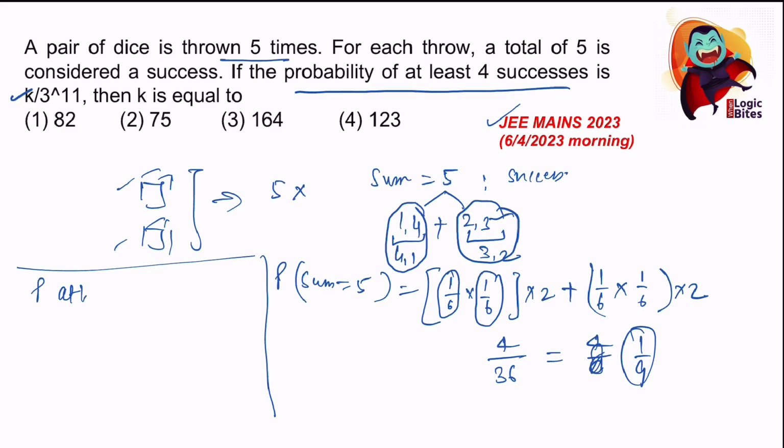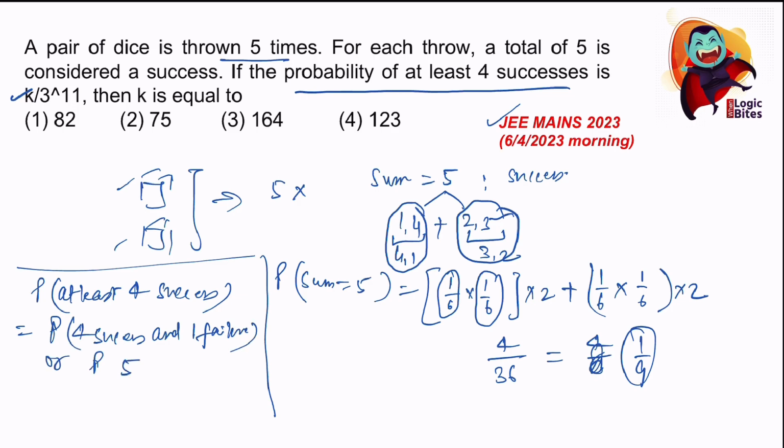At least 4 successes is nothing but probability of getting 4 successes and 1 failure, or probability of getting all the 5 successes, because the requirement is that it should be at least 4, so 5 will also suffice.